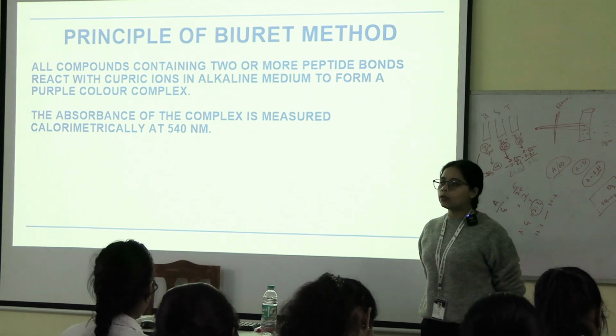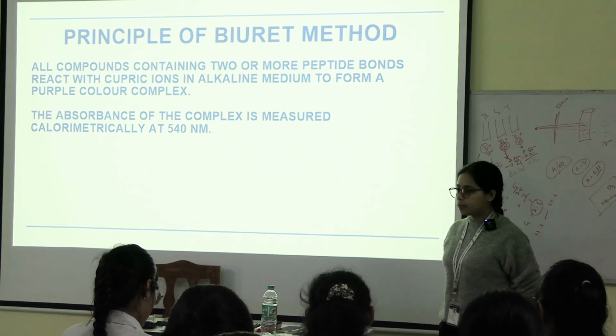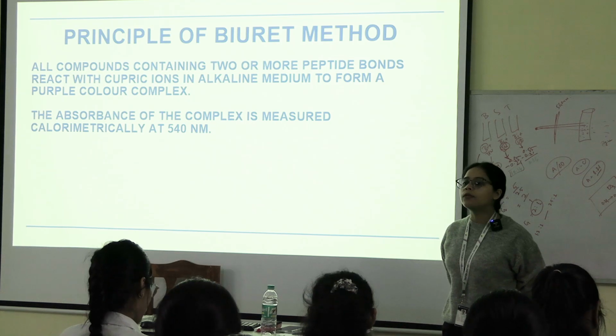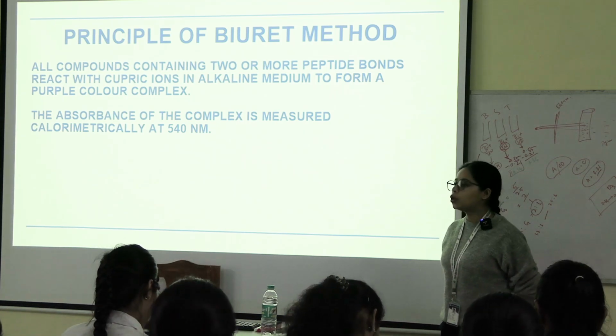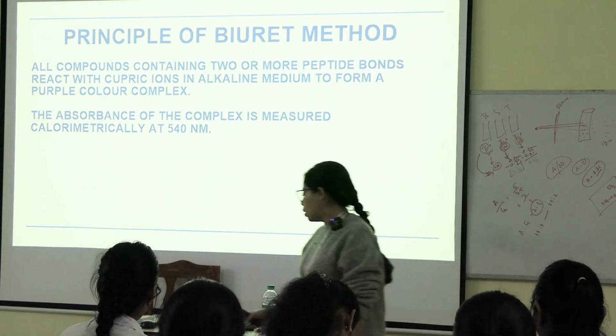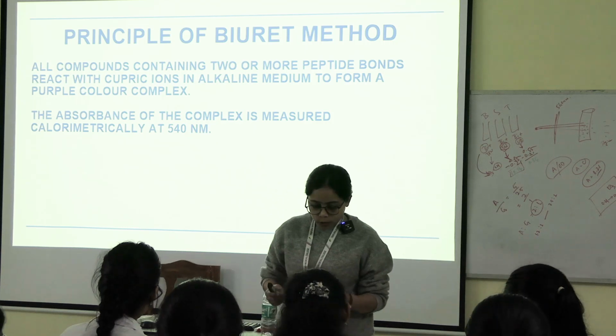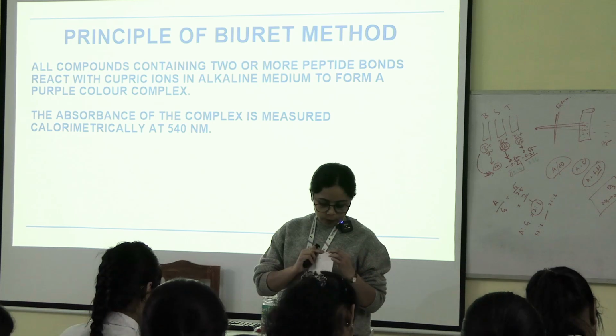The absorbance of the complex is measured colorimetrically at 540 nanometer. At what wavelength did you measure the glucose? 520 in the colorimeter. In protein estimation by the Biuret method you will measure at 540. The kit that you are using is the Coral kit, which says you have to measure at 550.